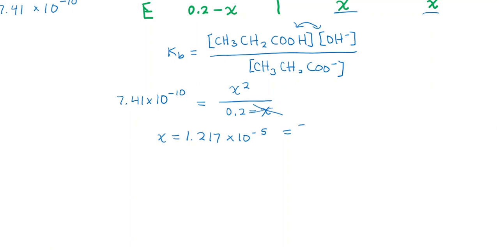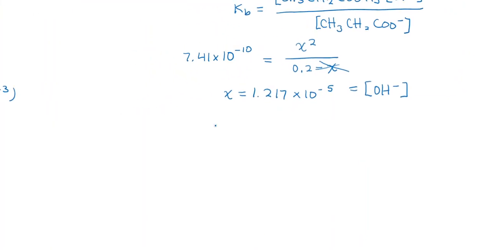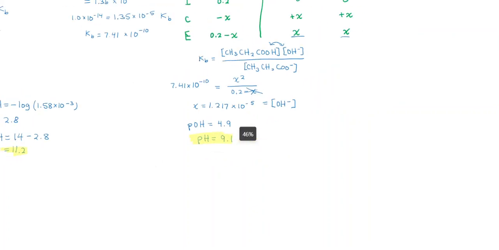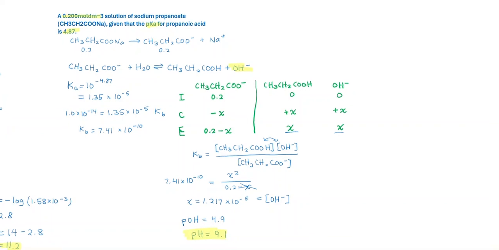And remember that this is just the concentration of OH. And then we can find the pOH, which equals 4.9. And then pH is 9.1. And that's the answer to the second question.